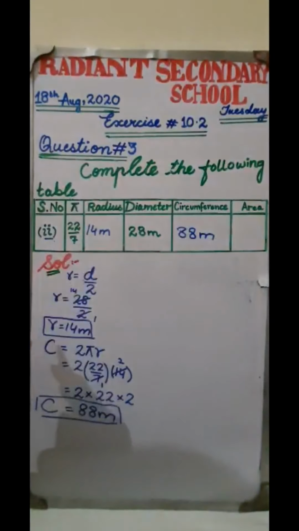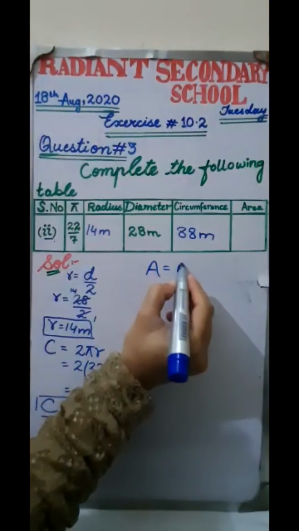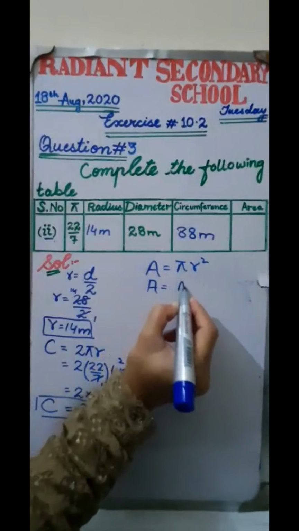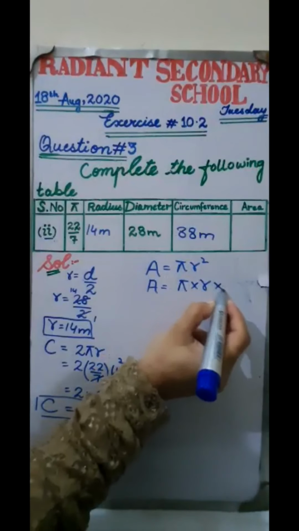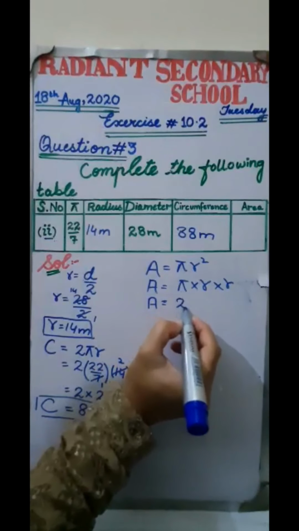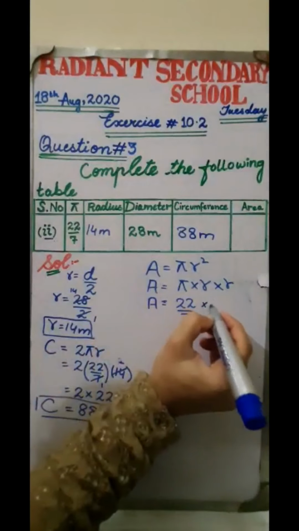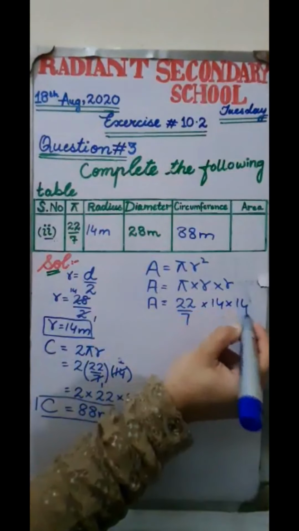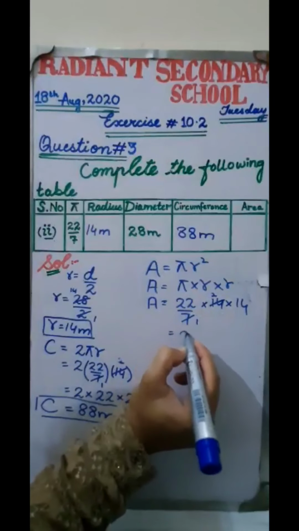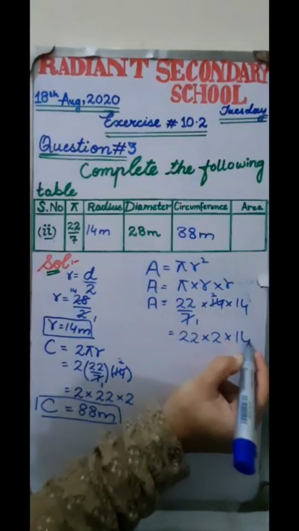Now the last thing is area. The formula of area is pi r square. A is equal to pi multiplied by r multiplied by r. A is equal to pi, which is 22 by 7, and radius is 14, again 14. Now 7 ones are 7, 7 twos are 14. Remaining is 22 multiplied by 2 multiplied by 14.